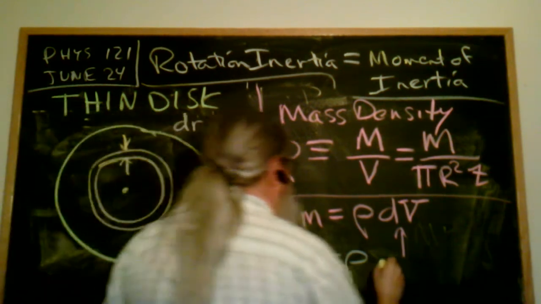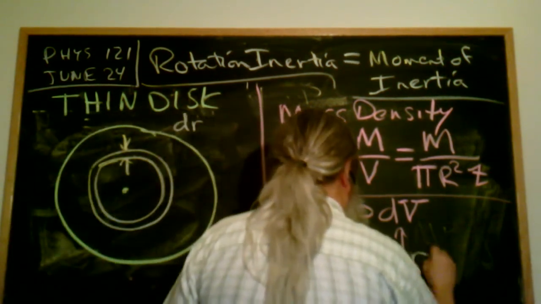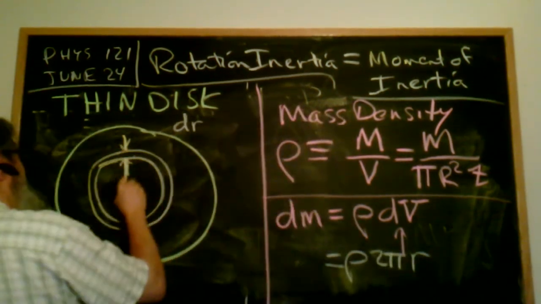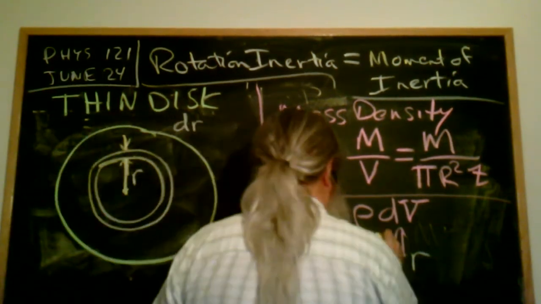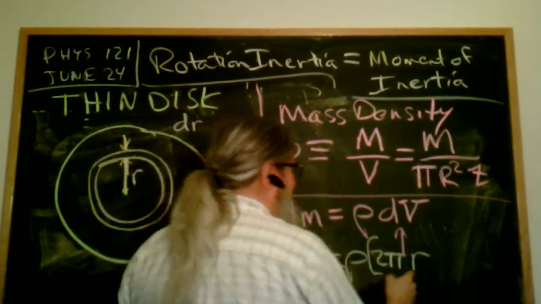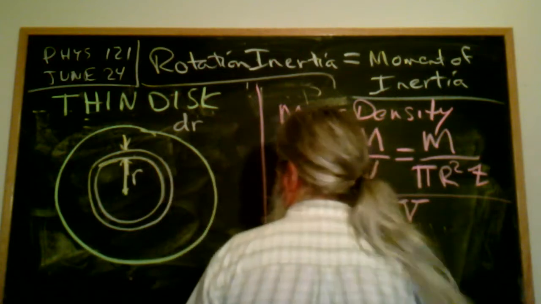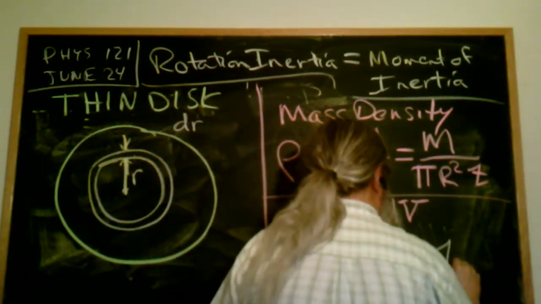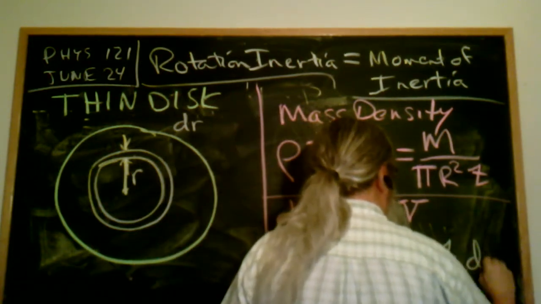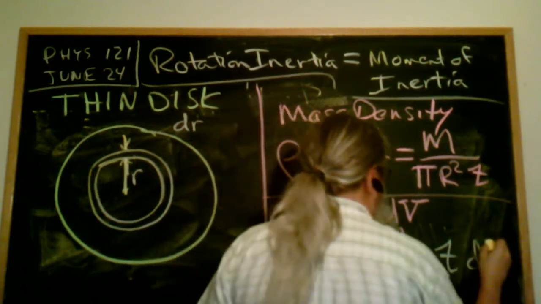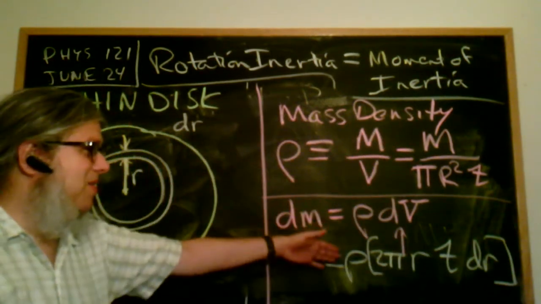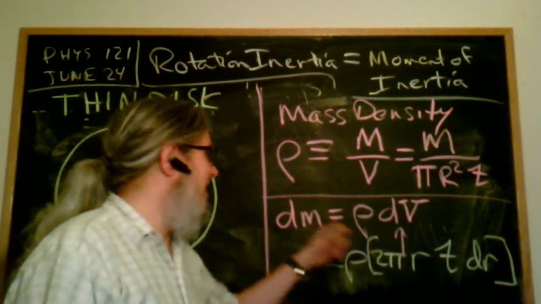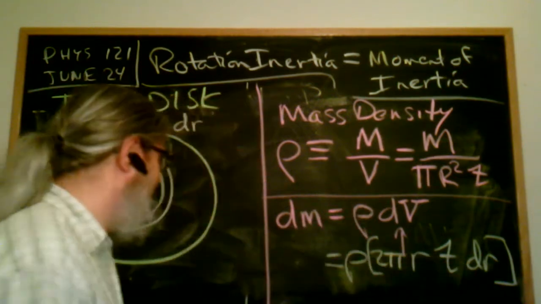So that's just equal to 2 pi r, where r is the distance that I'm doing the integration out to. So 2 pi r times the thickness, t, times dr. That whole thing is dV. That's the tricky part of doing this, to convert dm into something where I've got a dr.